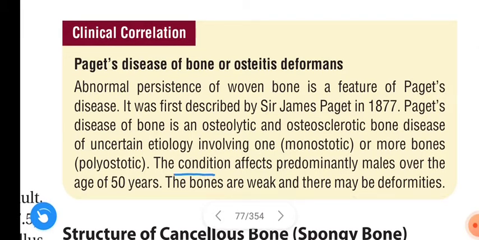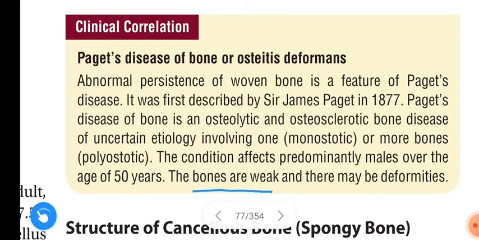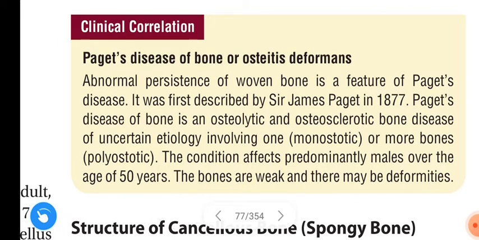This condition affects predominantly males over the age of 50 years. The bones are weak and there may be deformities. This is about Paget's disease, and we completed what is lamellar bone, what is woven bone, and what is Paget's disease.